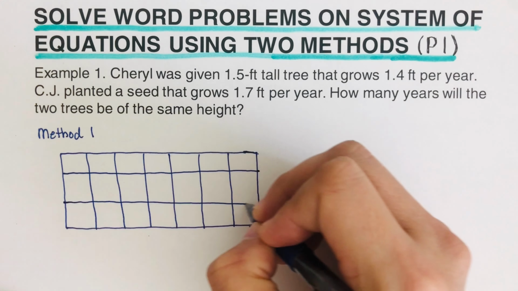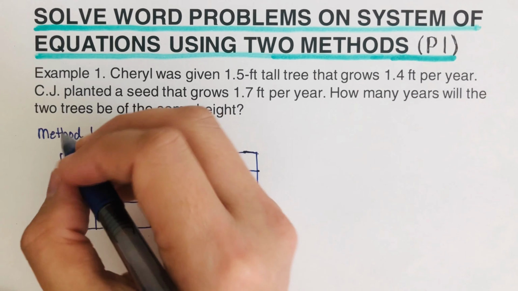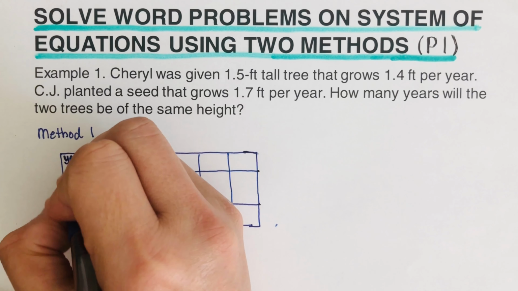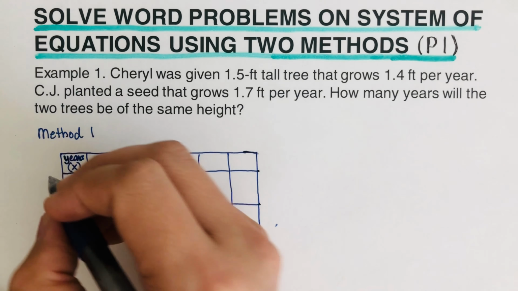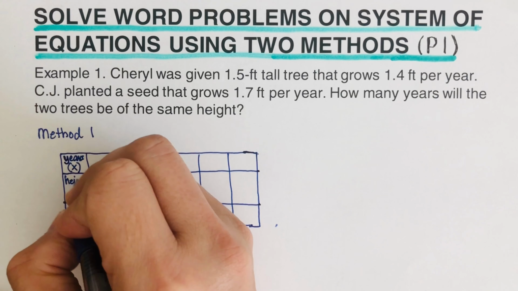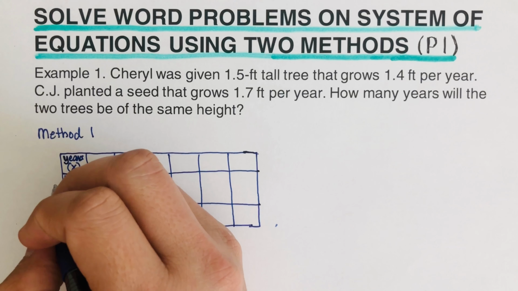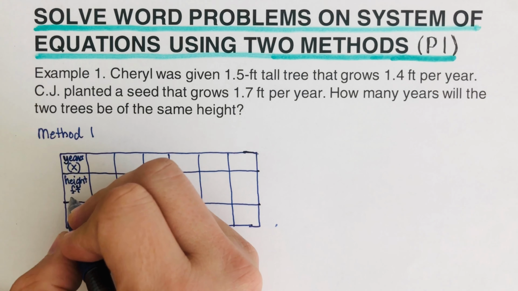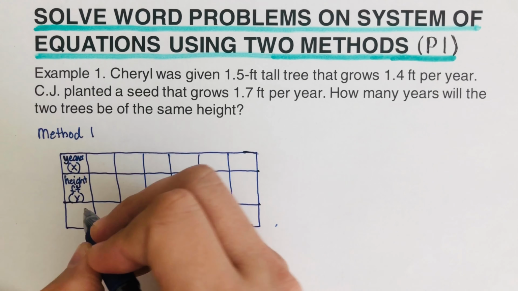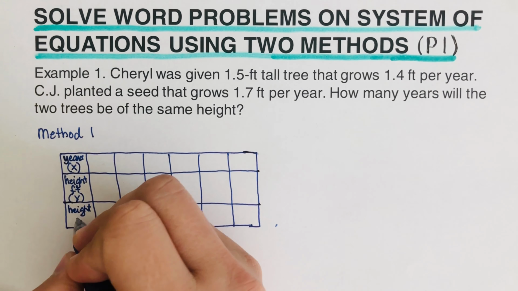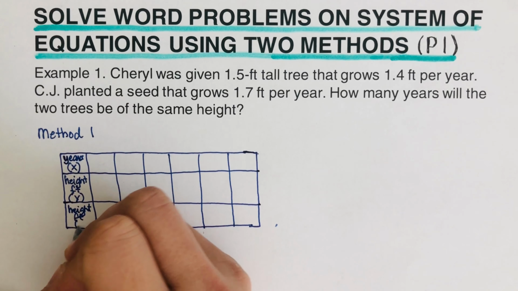The first row is for the years, which will be labeled as x. The next row would be height, in feet, and this will be our y, and this one right here is another height, because there are two cases that we have here. Again, this is in feet and this is the y.